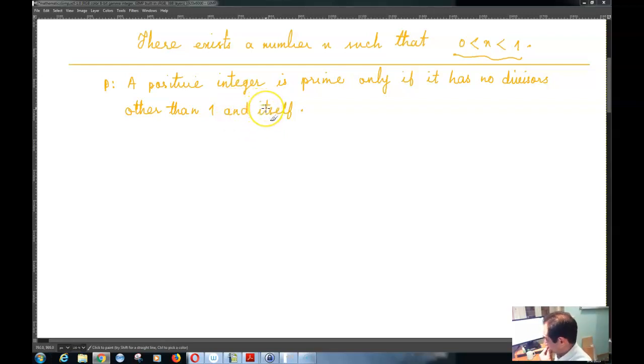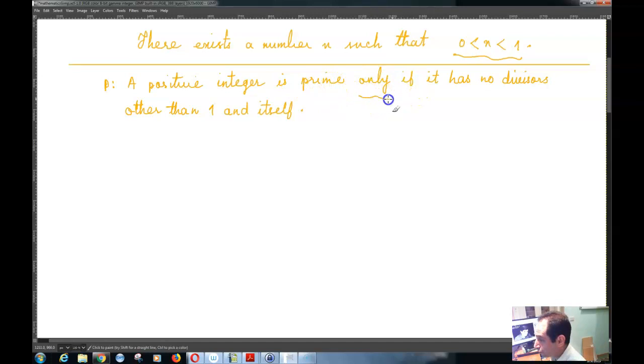Now you want to find the converse of this and the contrapositive of this. So this statement here is basically the same as an if-then statement.